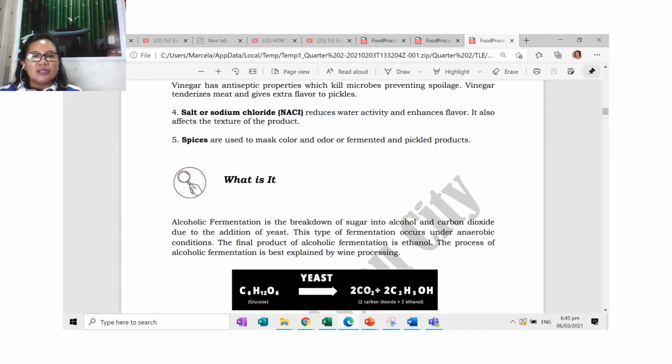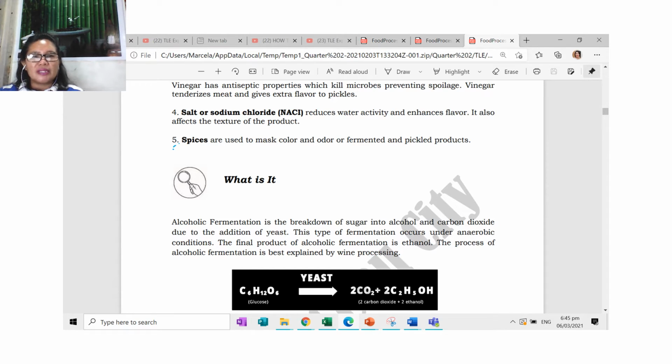It reduces the water activity and enhances flavor also. It also affects the texture of the product. And number five, the spices, also mask the color and the odor of the fermented and pickled products.